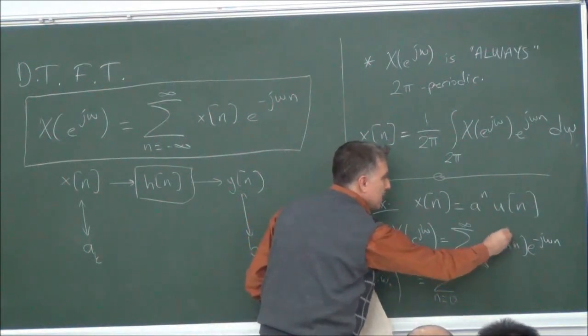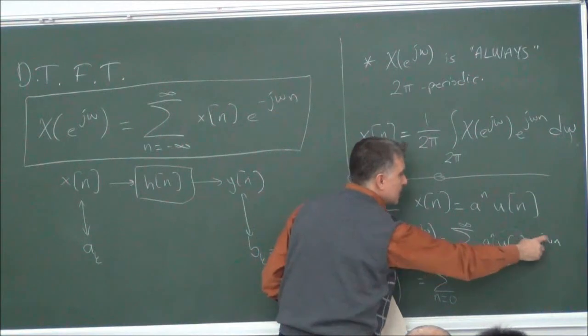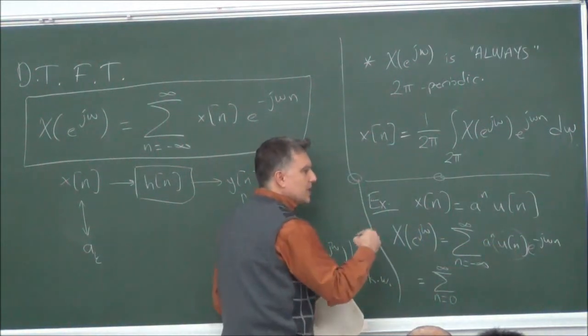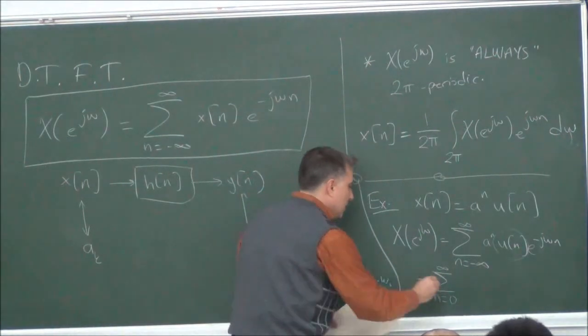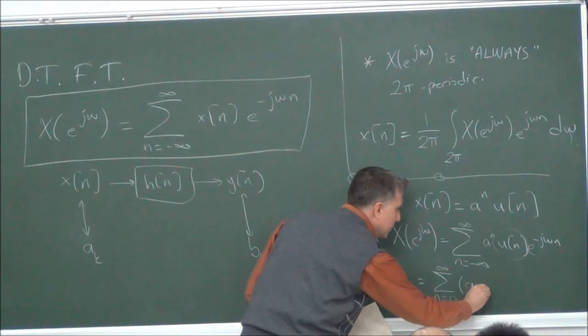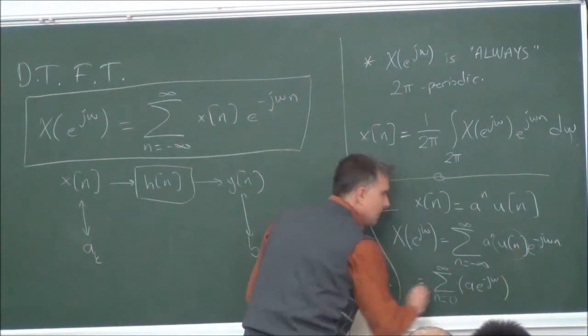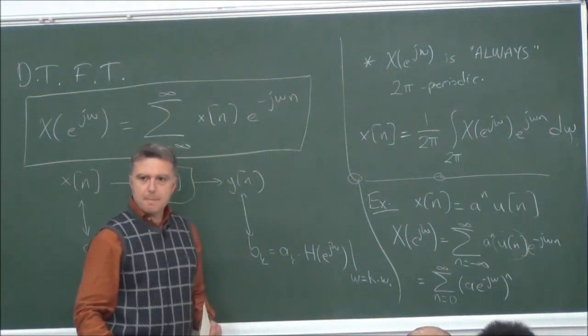Now this thing becomes 1, and we have a to the n, e to the minus j omega n. The exponent of n is common here, and we can put into parentheses like this: a e to the minus j omega to the power n.